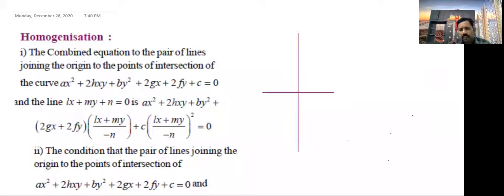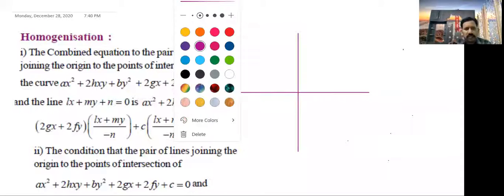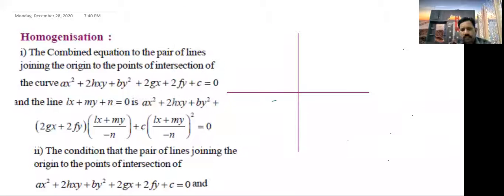So this is the coordinate system. Now, draw the pair of lines and draw the curve. First I am drawing the pair of lines. This is one line, this is another line.